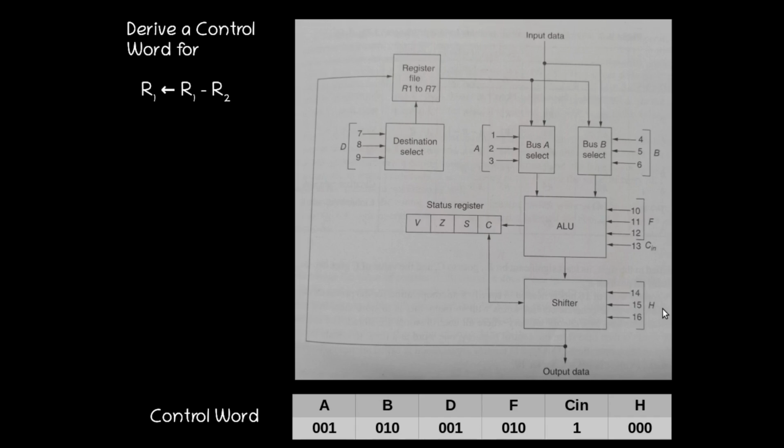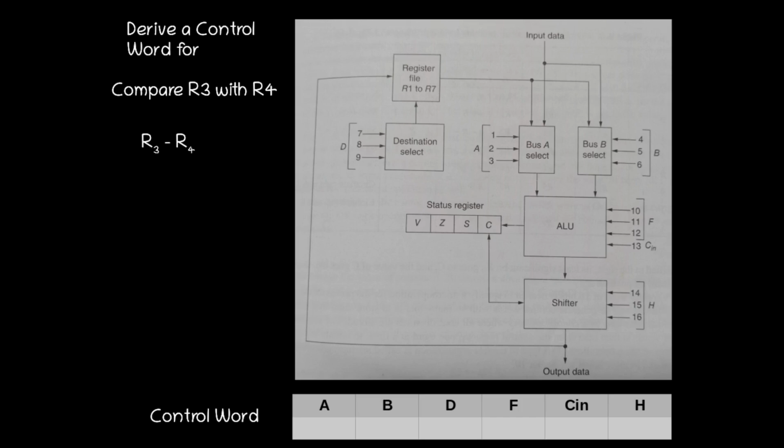Next we can consider the compare operation, that is, compare R3 with R4. In the case of a compare operation, the operation performed is a subtract operation, that is, R3 minus R4 will be performed, but the result will not be stored anywhere.